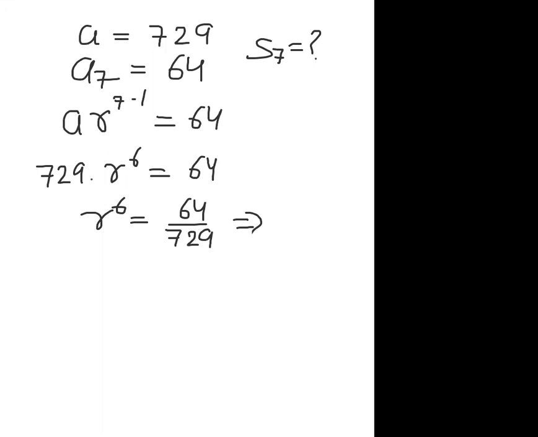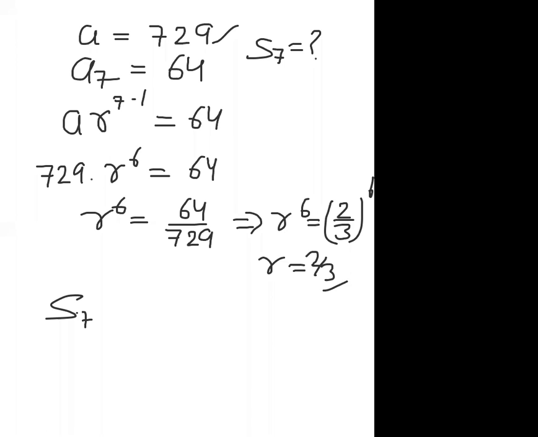So this implies r to power 6 will be equal to (2 by 3) to whole power 6. So r will be equal to 2 by 3. We have got r as well as a is already given to us.